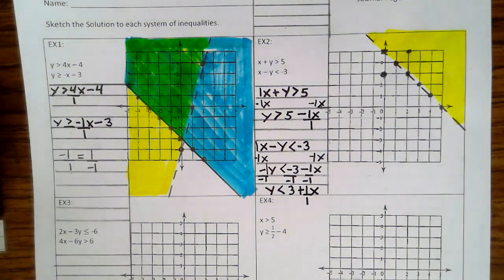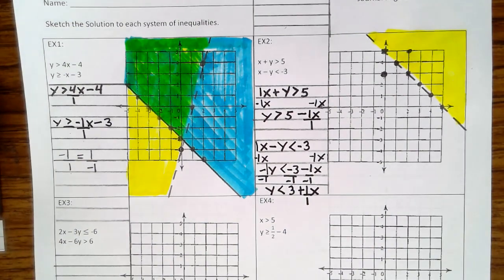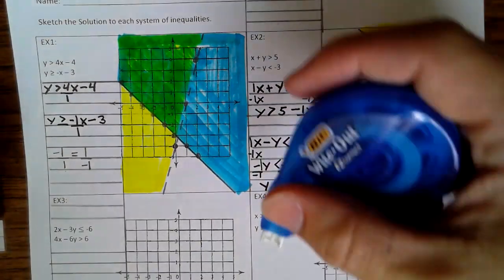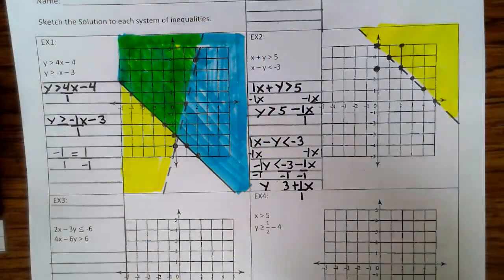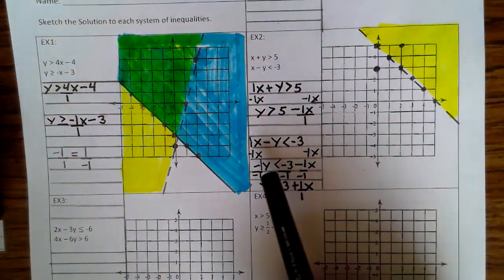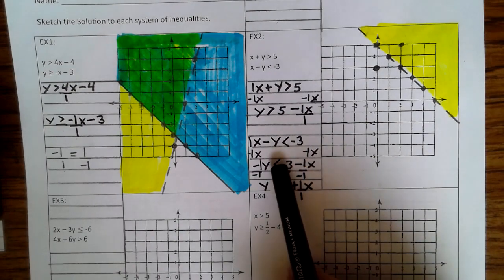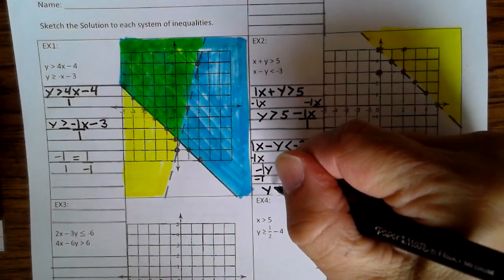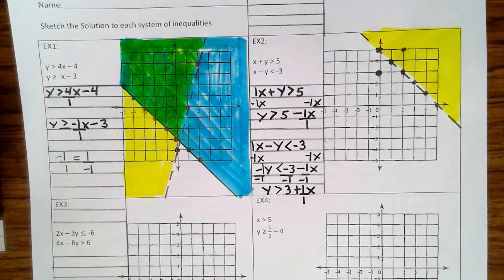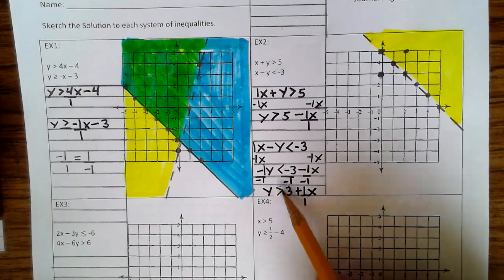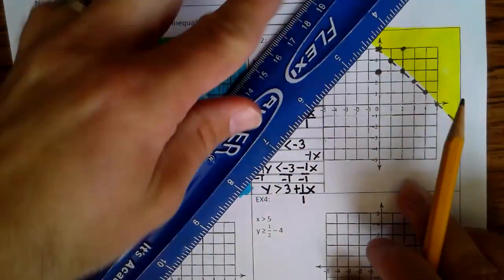Oh, but wait a second. I made a mistake, and I'm kind of glad I made a mistake, because this is a common mistake students make. When you divide by a negative, the inequality flips. So you have to be careful to look out for that. So now that changes. Well, first it's still dashed, so let's do that.